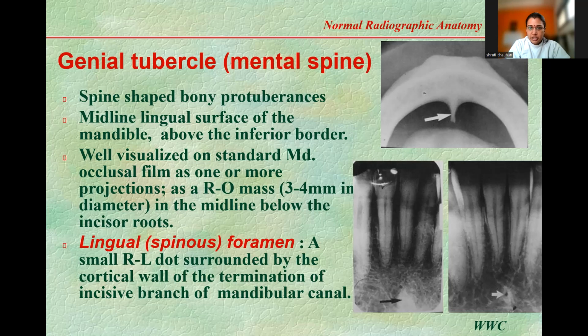It is a spine-shaped bony protuberance in the midline, on the lingual surface of the mandible above the inferior border. It is well visualized on a standard mandibular occlusal film as one or more projections, as a radiopaque mass 3 to 4 mm in diameter in the midline below the incisor roots.